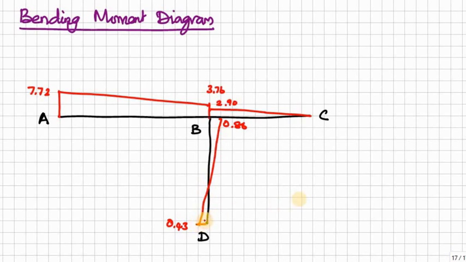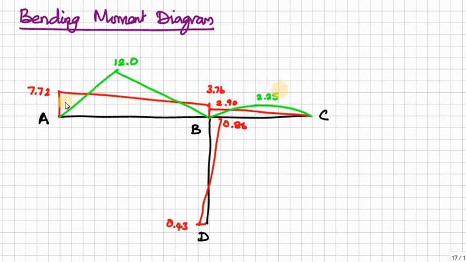Now we have to overlap the simply supported moment. Here we have an eccentric point load, therefore the formula WAB by L gives 12 kilonewton meter under the load. So 12 kilonewton meter, a triangular distribution. Similarly for UDL, the maximum moment at center is WL squared by 8, which is equal to 2.25.